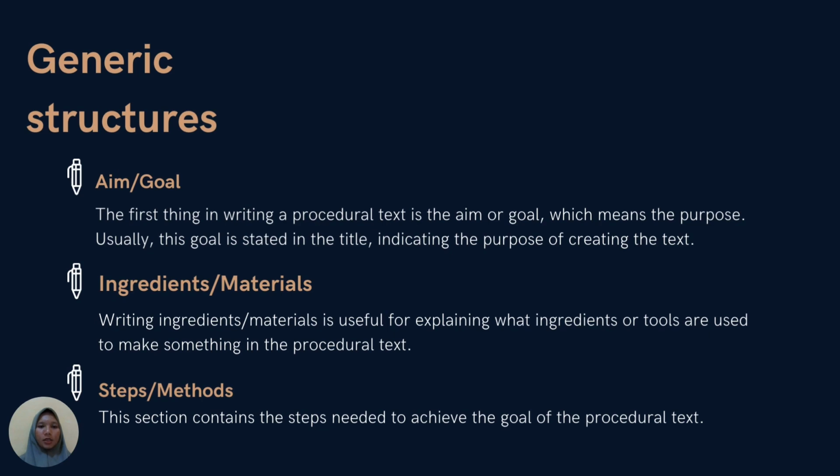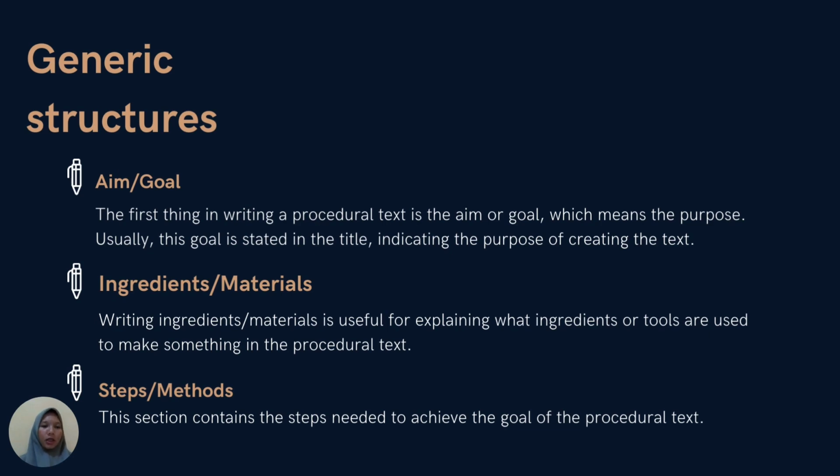And for ingredients, in a cooking context, this refers to all the food items and quantities needed to prepare a dish. It's like shopping for your recipe, ensuring you have everything you need to start cooking. And the third is steps or methods.